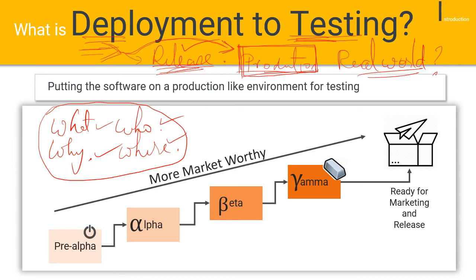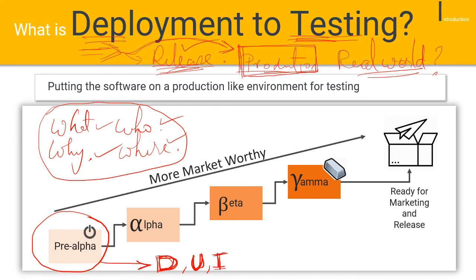Number 1, the pre-alpha stage. So what is this stage, right? In this stage, we do all of the development. The software is developed, right? All the modules in your software are developed in this stage, and each of these modules is unit tested. And once some of the modules are ready, you start performing integration testing to see how these modules interact with each other.